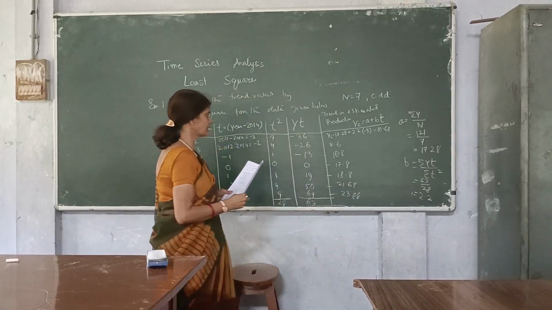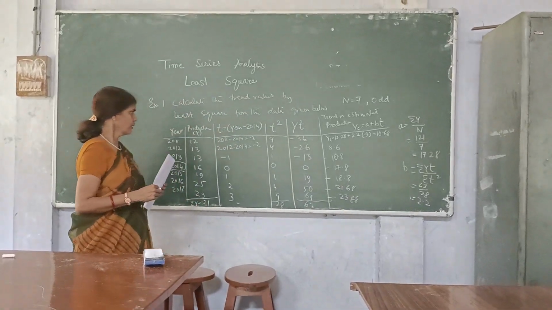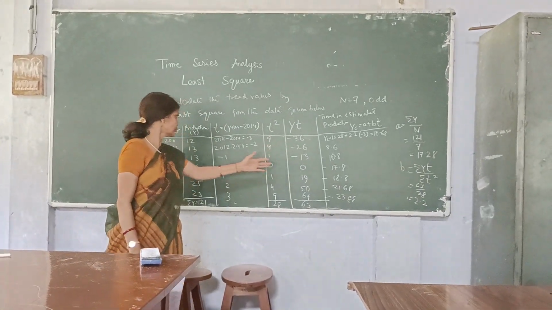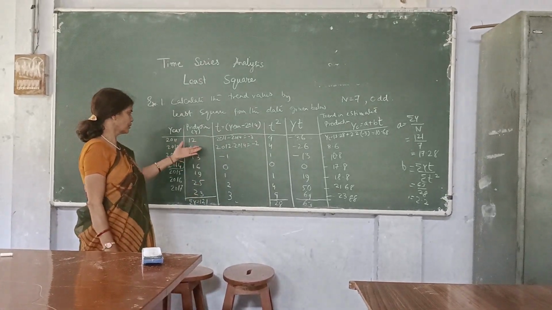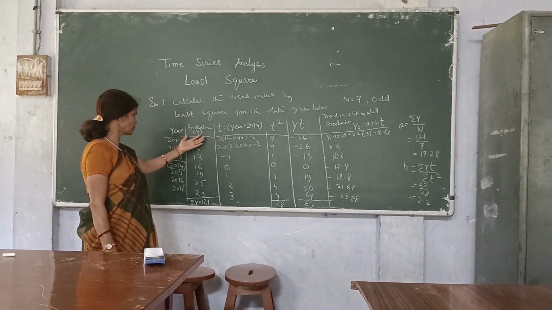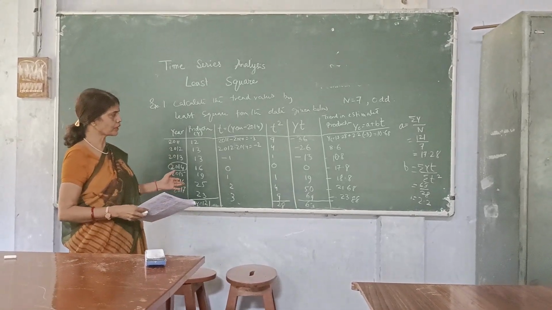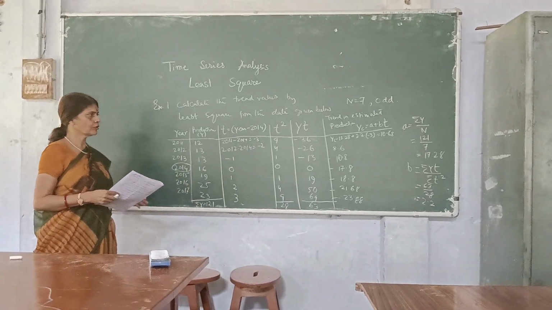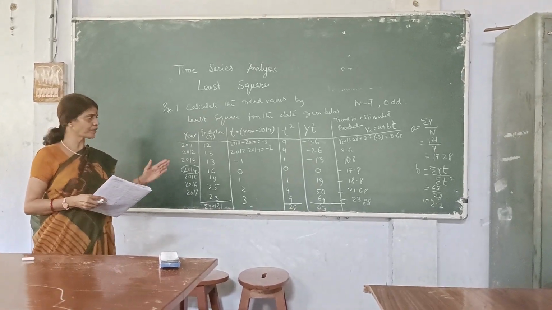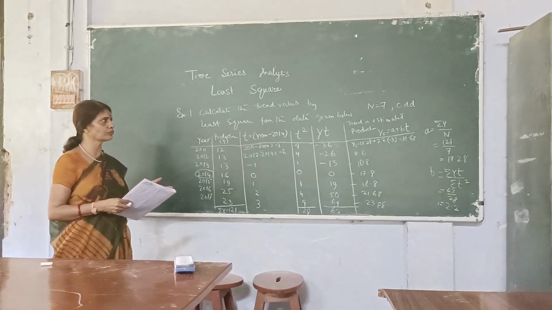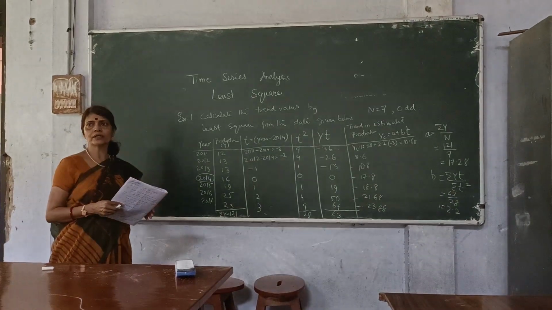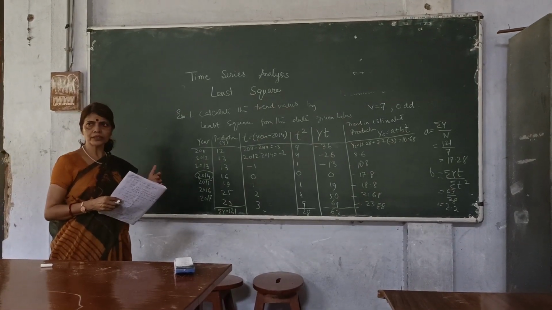So these are the predicted trend values of these y values in different years. So now you can construct this trend line on the graph paper using this data. So that will give you the least square method in graphical form.